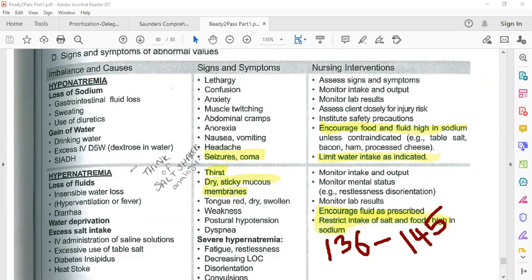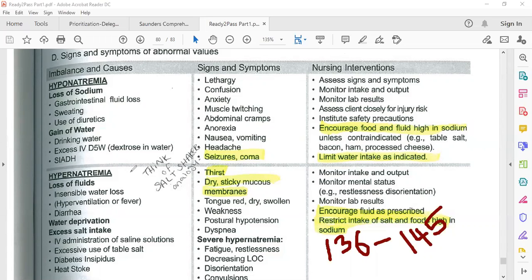But my question is, what is the function of sodium in the body? The main function is maintaining the fluid balance in the body, and maintaining the normal function of the nerves and muscles.